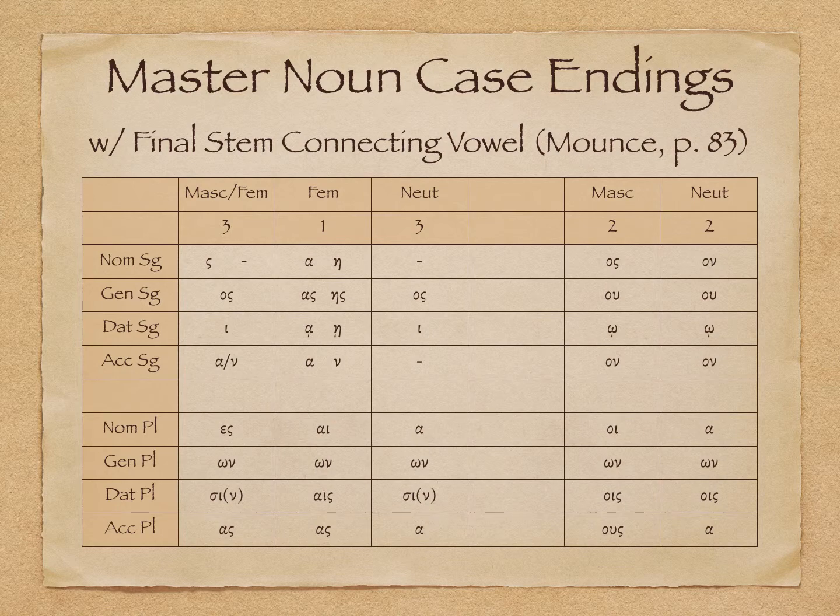Placing the masculine endings in black, for instance, feminine in red, neuter in blue, something like that. If you have a whole chart, can help you to remember, or some kind of a chant or mnemonic device, and we'll get to some of those with the participle here in a few moments.